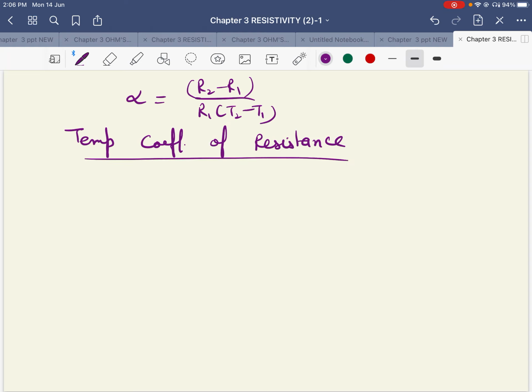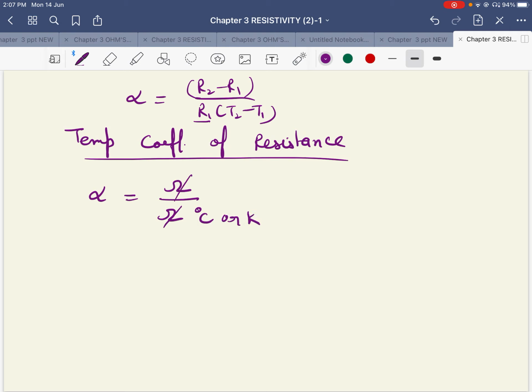From here we can find whether the resistance of a given material will increase or decrease depending upon the value of alpha with change in temperature. Units of alpha: this is the resistance, so the unit is ohm, divided by again resistance, unit is ohm, and temperature unit is degree centigrade or Kelvin.